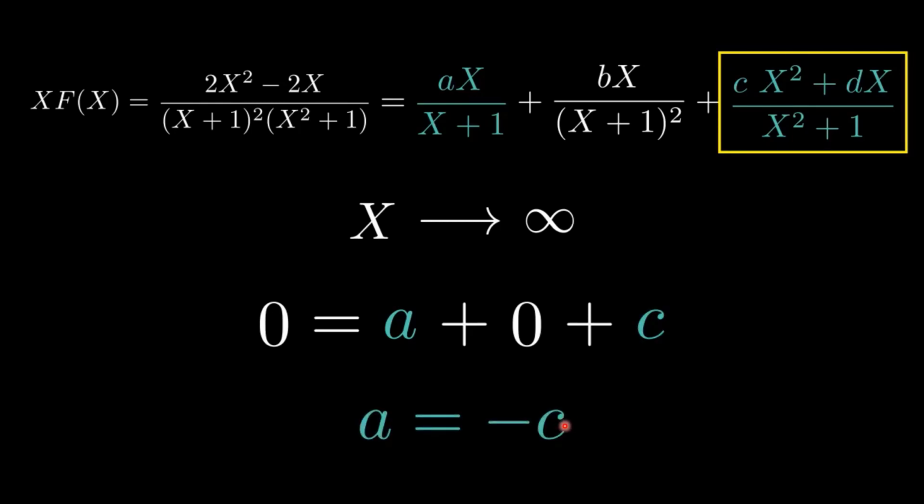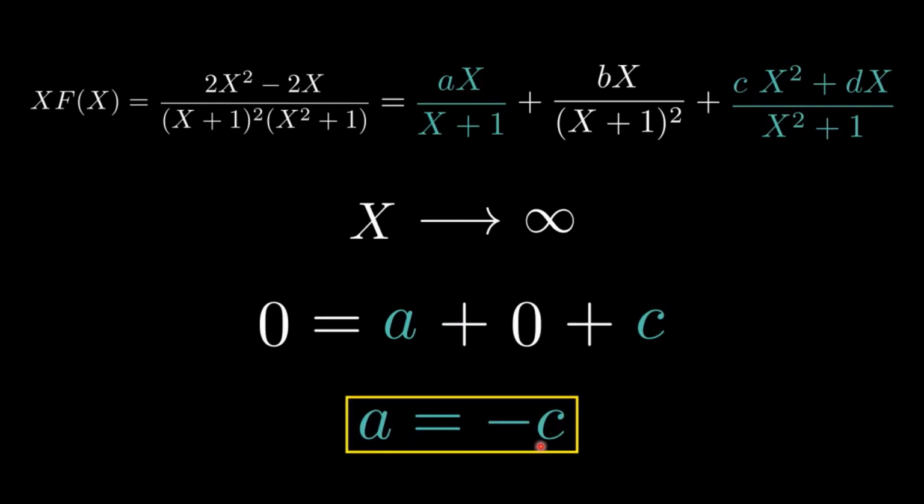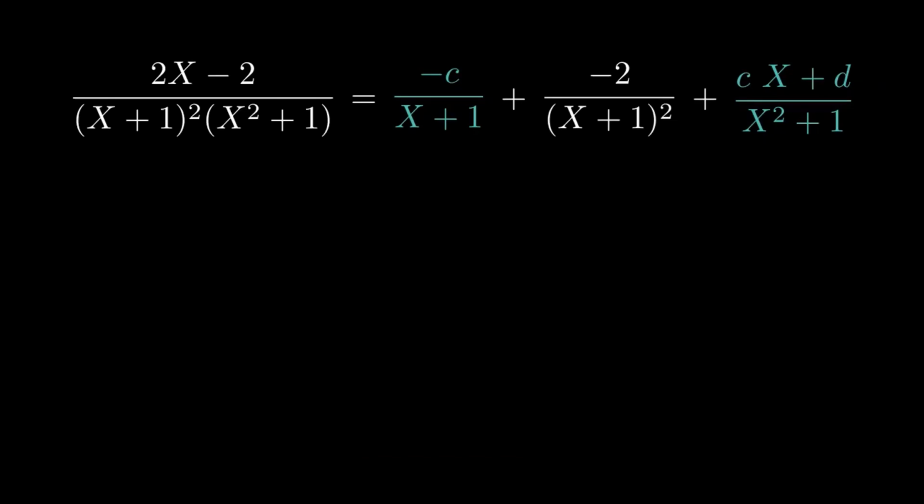So here we get a equals minus c. Now we have only 2 unknowns, c and d, because b is negative 2 and a is minus c. So how many equations do we need? We need only 2 equations.